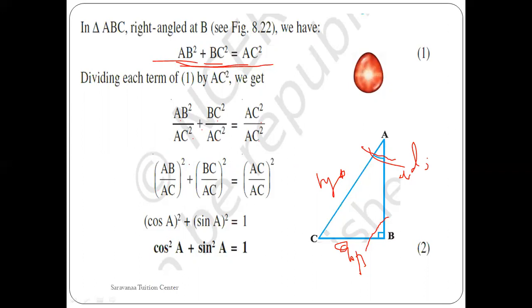As it is in the square, you need to take it as cos square A. Similarly, BC by AC: BC is the opposite side, AC is the hypotenuse, so it is sine. As it is in the square position, it is sine square A. And when you cancel AC square by AC square, you get 1. So this is how we get the first identity.